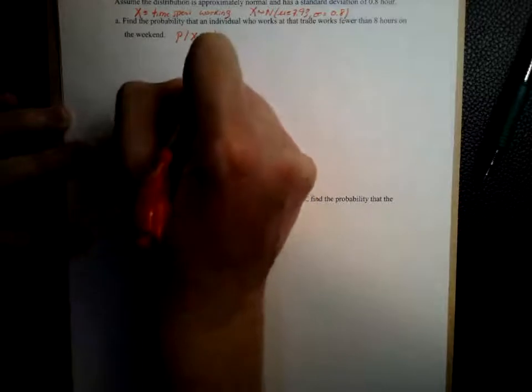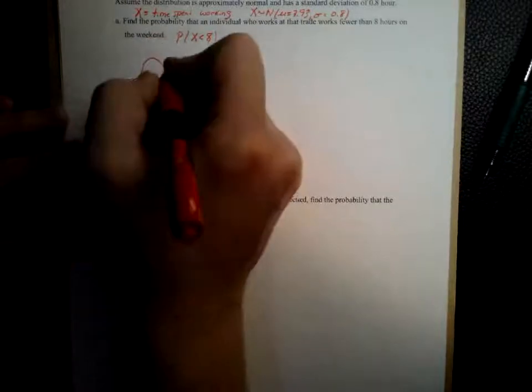And if we draw the curve like we did earlier, here you have the distribution of x. It is approximately normally distributed. It has a mean in the middle of 7.93. And we're interested in what's the probability of x being less than 8. We're interested in this area over here.